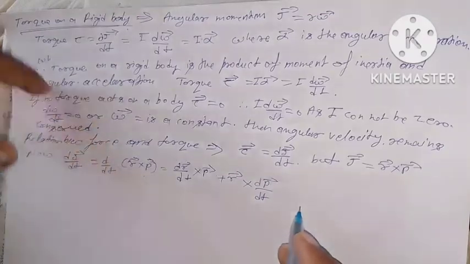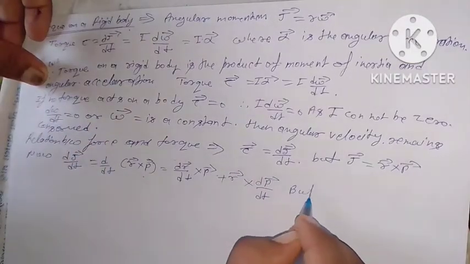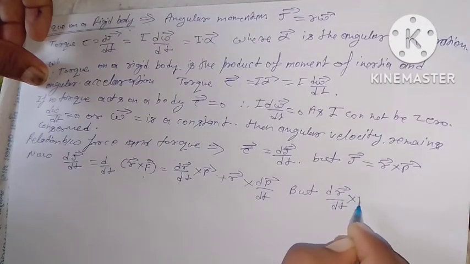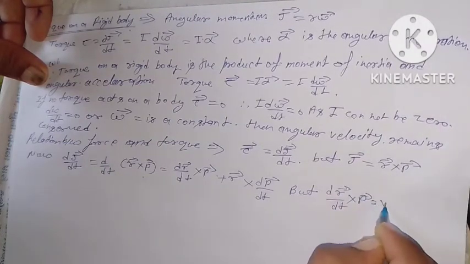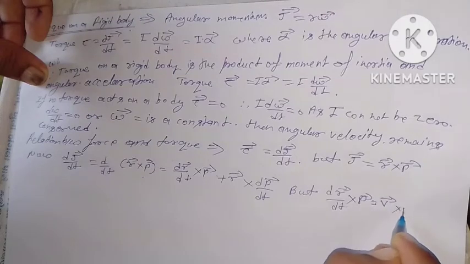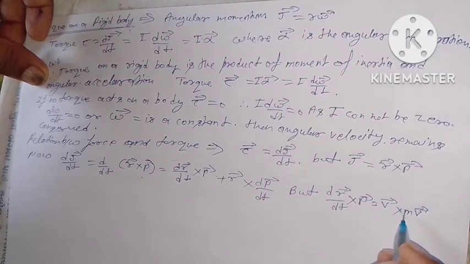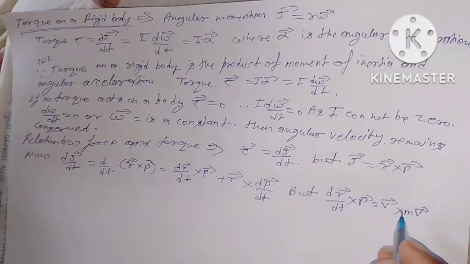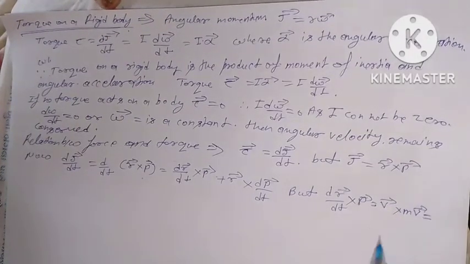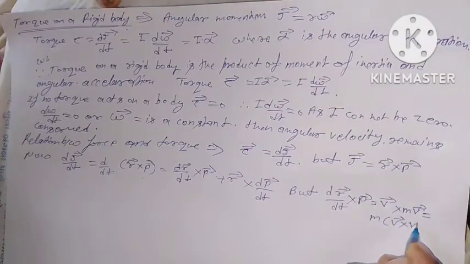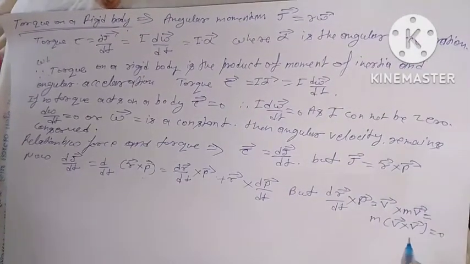But vector dr upon dt cross vector p equal to vector v cross m vector v equal to m vector v cross vector v equal to 0.